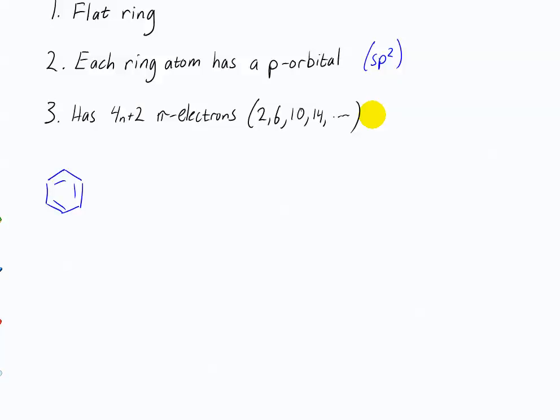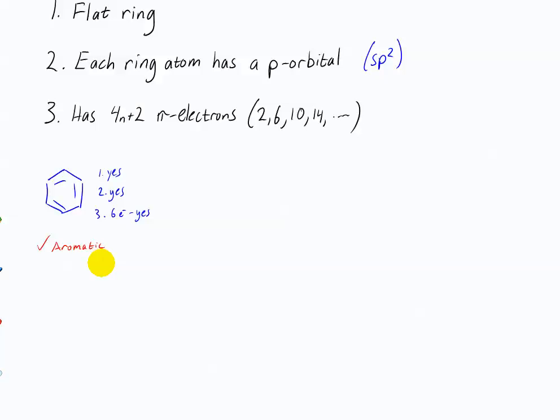Generally, you're going to be looking for sp2 hybridization on all atoms. And then how many pi electrons does it have? 6. So we could say 1, yes, 2, yes, 3, 6 pi electrons, yes. So then it is aromatic.